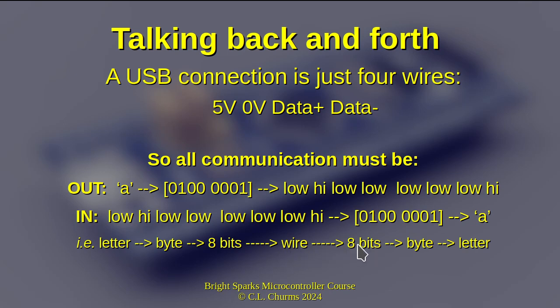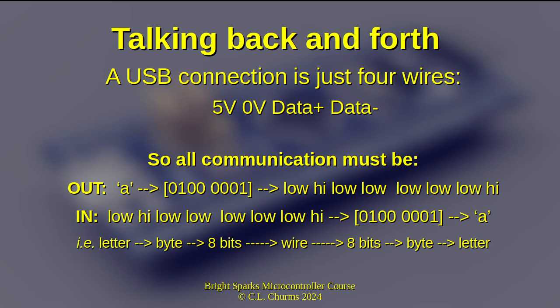And then on the other side, we receive those and take those 8 bits and stick them all together into one byte, and then that byte the computer then knows represents a letter or a number or whatever. All of our communication is via serial. Almost all. But all that you will bump into at the moment.